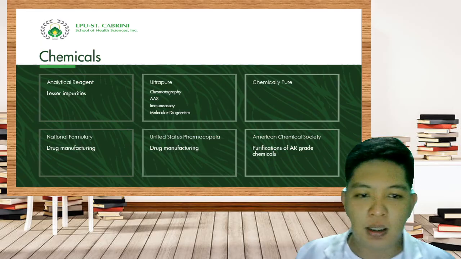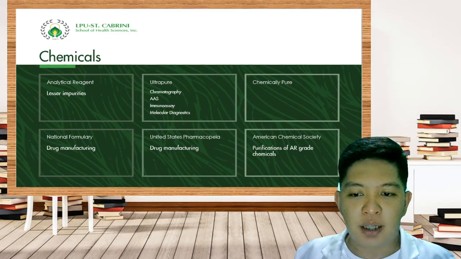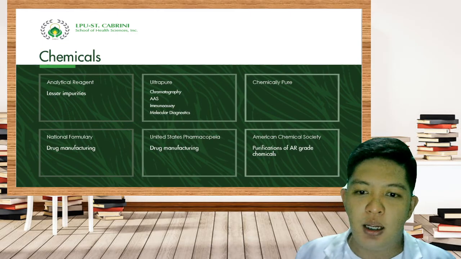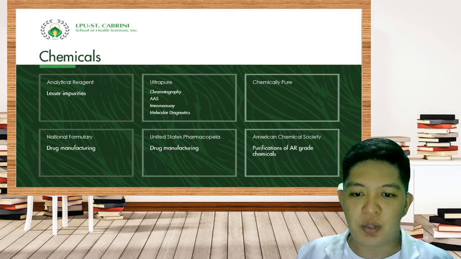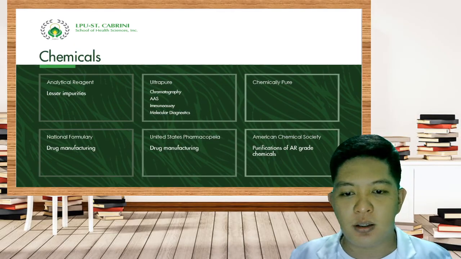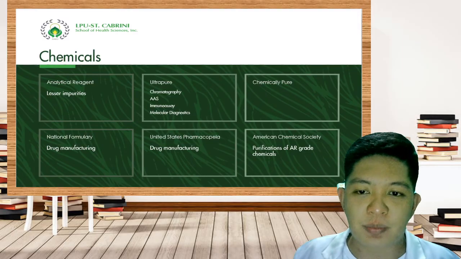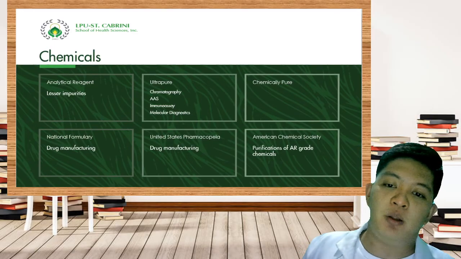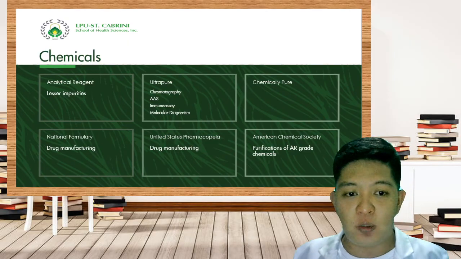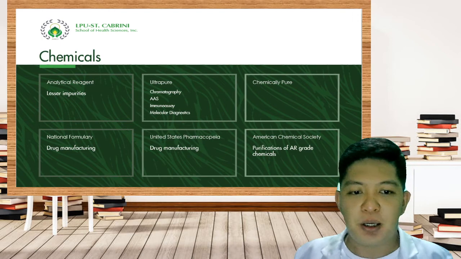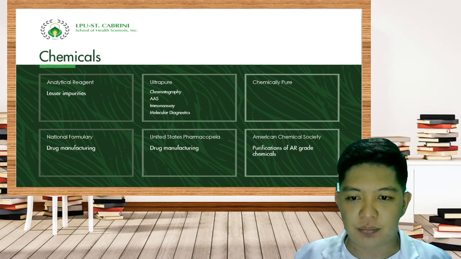I repeat, ultra pure are types of chemicals that undergo additional processing that makes them suitable for special procedures. And when we say special procedures, these are the following: chromatography, AAS, immunoassay, and molecular diagnostics.